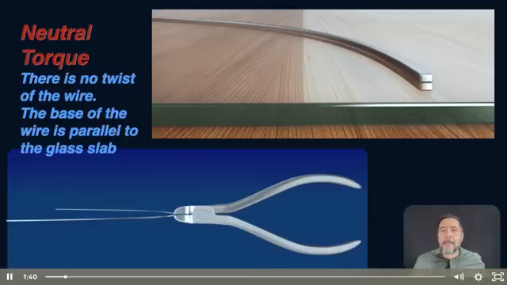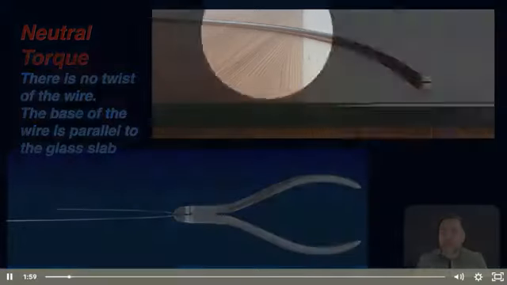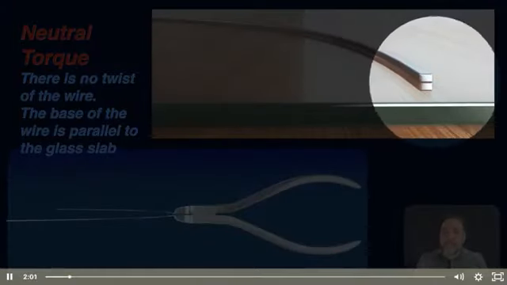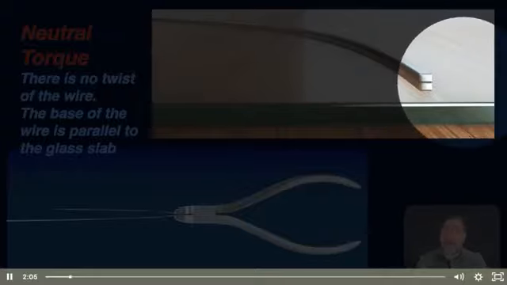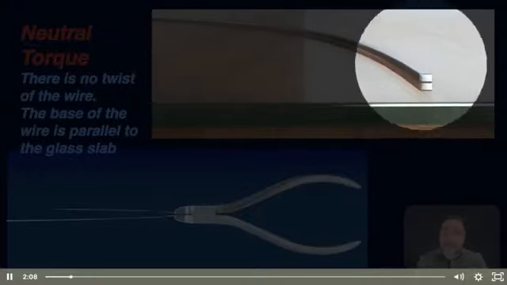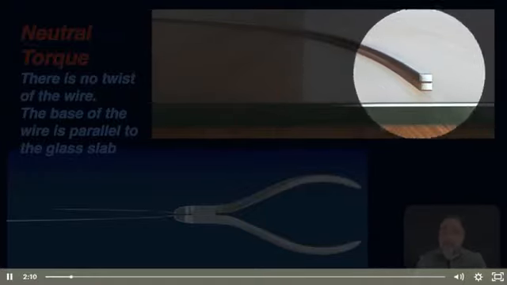So if I'm having no torsion in that situation, I expect that when I grab the anterior or posterior segment of the wire, now I'm trying to show just the anterior segment. What we see here is like an arch wire being cut in the middle, so we can assess the relationship between the cross section of the wire and the glass slab. Here is the glass slab, and here is the cross section of the wire.